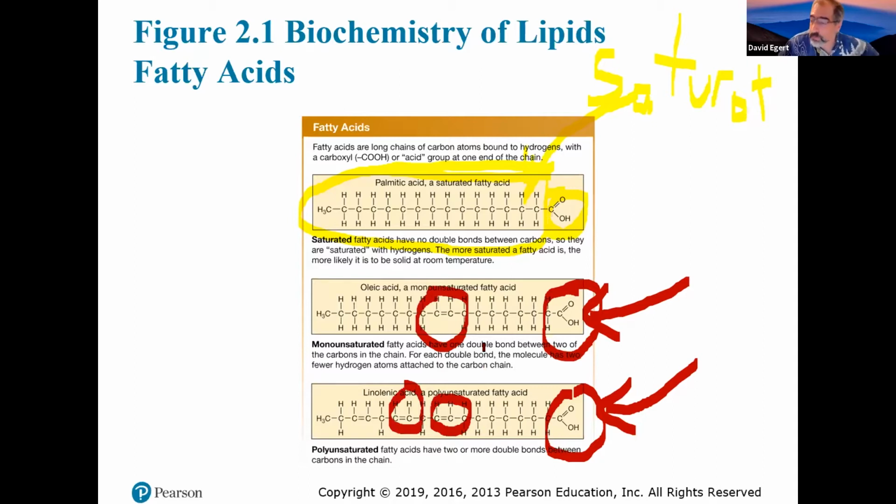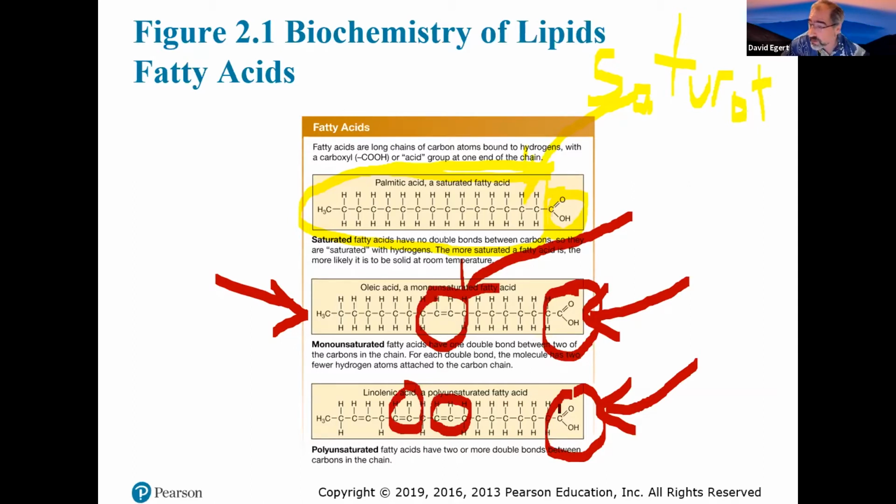Whenever you have a double bond, the carbon is making a double bond, which means that's one less option for a hydrogen to bond there. So wherever you have those double bonds, those are called points of unsaturation. That's a place where you have one less hydrogen than fully saturated. So this is a monounsaturated fatty acid, with one point of unsaturation.